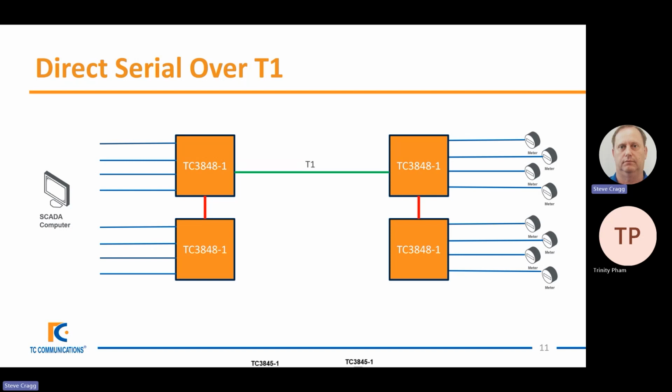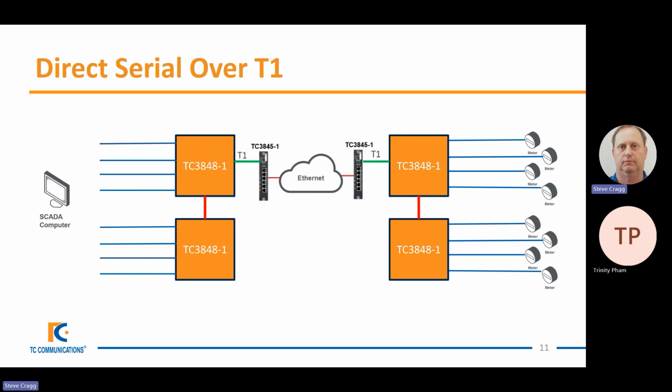And so in this case, one customer approached us and looked to maintain the isolation of the T1 while again using Ethernet connectivity, probably through an ISP, and utilizing two of our jumbo switch products, the TC3845-1.